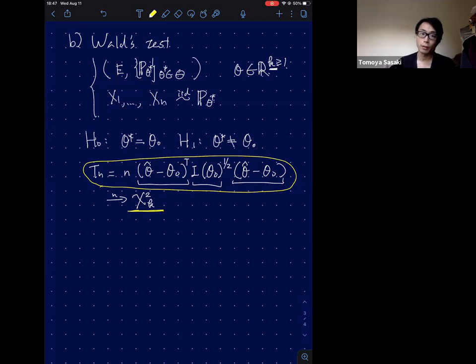This chi-square distribution is very convenient, right? It's very easy to look up in tables, so whenever you need a quantile of the distribution, you can look it up.